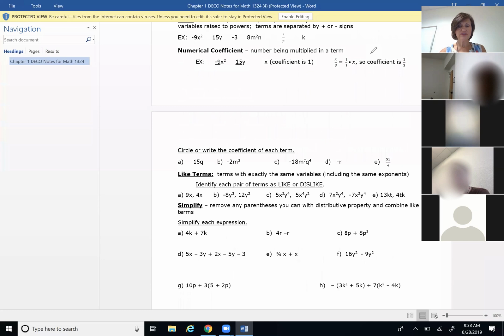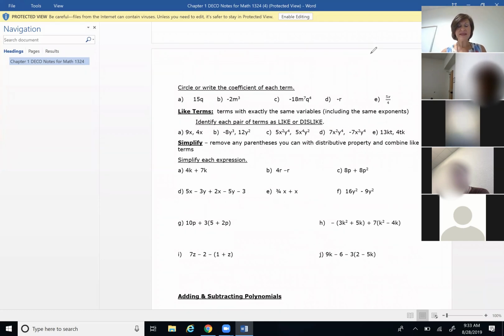So if we were to look at this, what would be the coefficient on A? What's our coefficient in 15Q? The number part, 15. Okay, what's our coefficient on B? The -2. So if there's a negative sign, it's included with the number as being part of the coefficient.